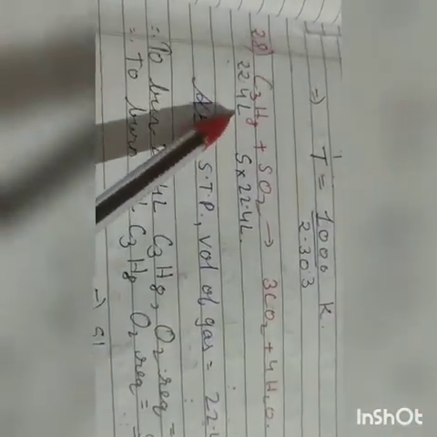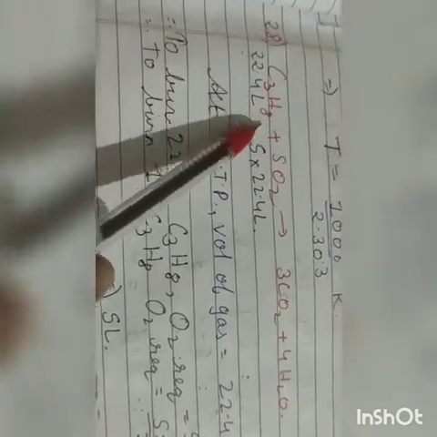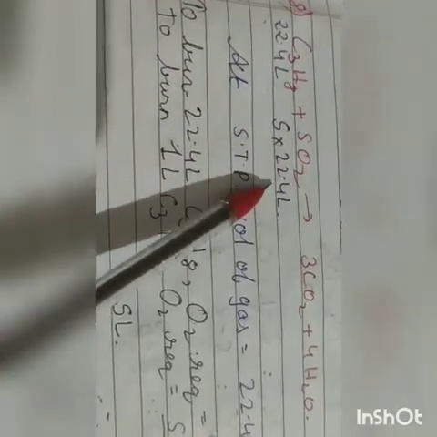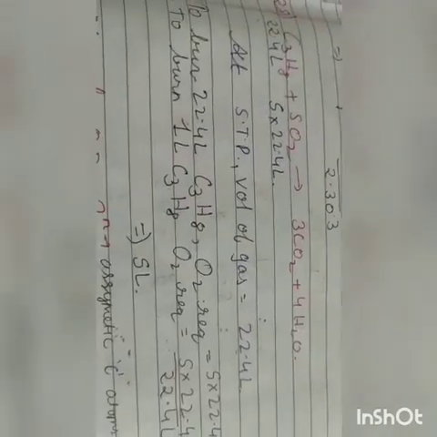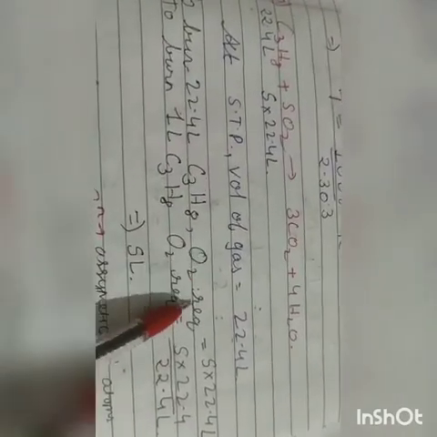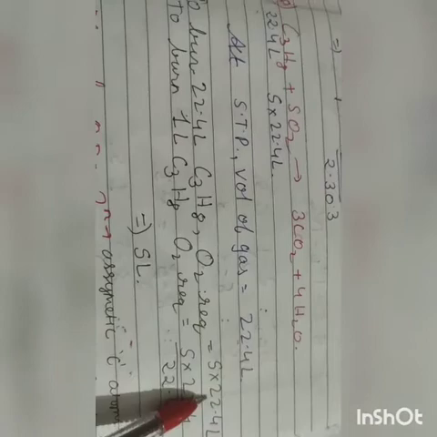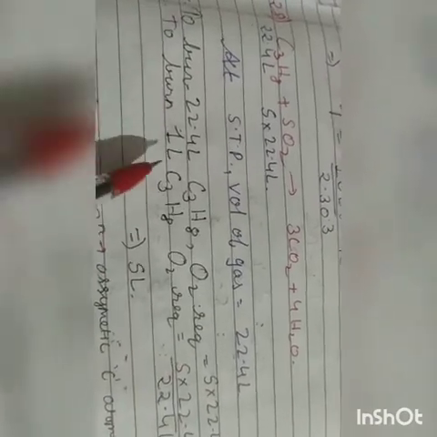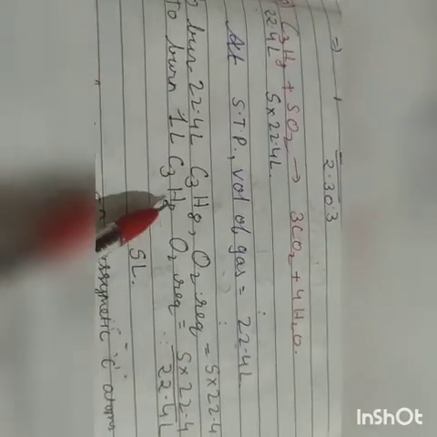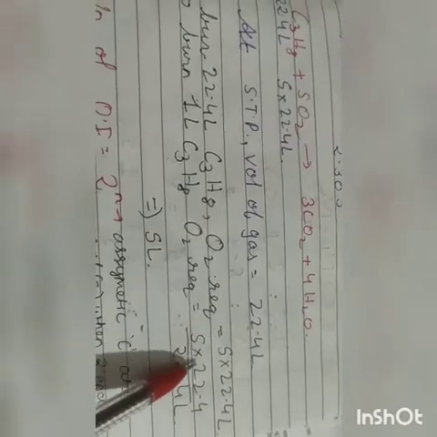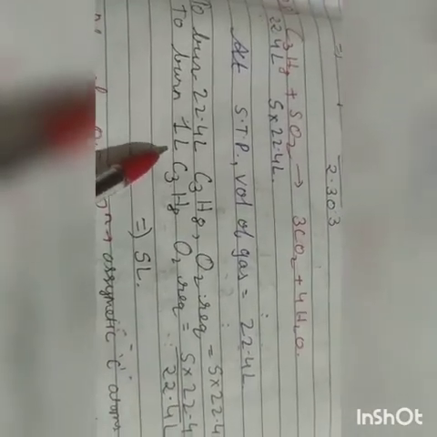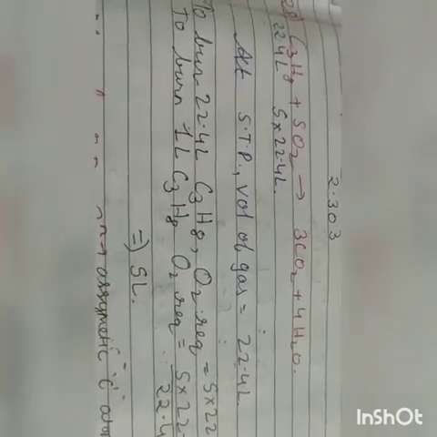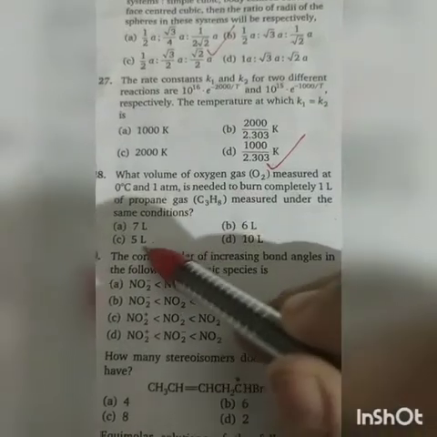To burn 22.4 liter of C3H8, the oxygen required is 5 into 22.4 liter. To burn 1 liter, we will use the unitary method. Oxygen required is 5 into 22.4 by 22.4 liter, as 1 mole here is 22.4 liter, so it comes out to be 5 liter. So here the correct option is 5 liter.